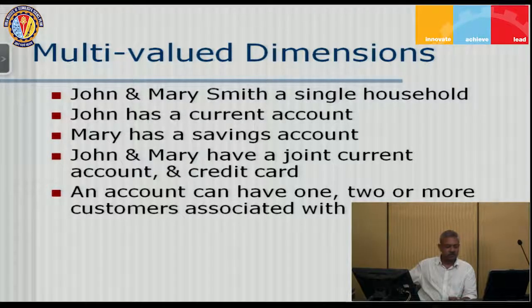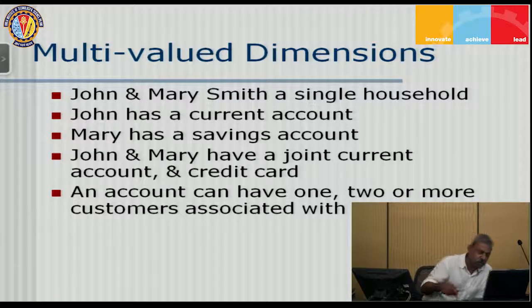There is a household with two people, John and Mary Smith. John has a current account, and Mary has a savings account, and also John and Mary have a joint current account and a joint credit card. An account can have 1, 2 or more customers associated with it.